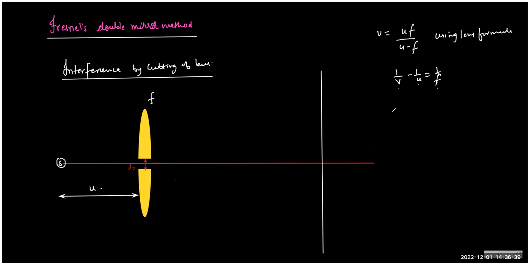So how do you write? 1 by V minus 1 by, what is U here symbol, which is minus U, as per my question. What is F symbol? But what is F here in my question? Plus. So because I don't know about V, I'm keeping V as symbol only. So I'm getting 1 by F minus 1 by V.